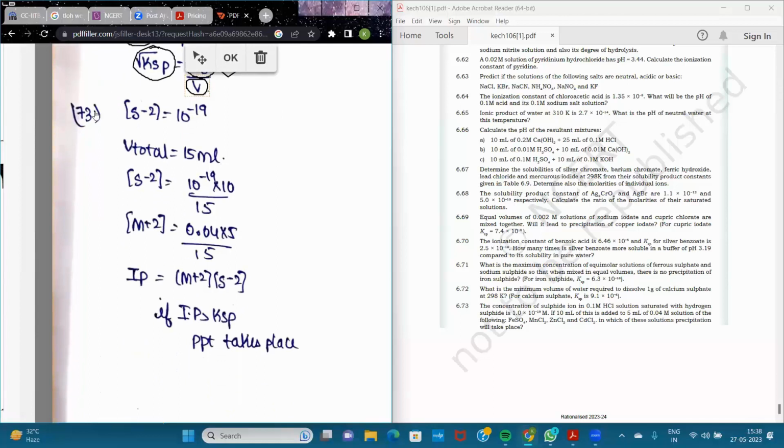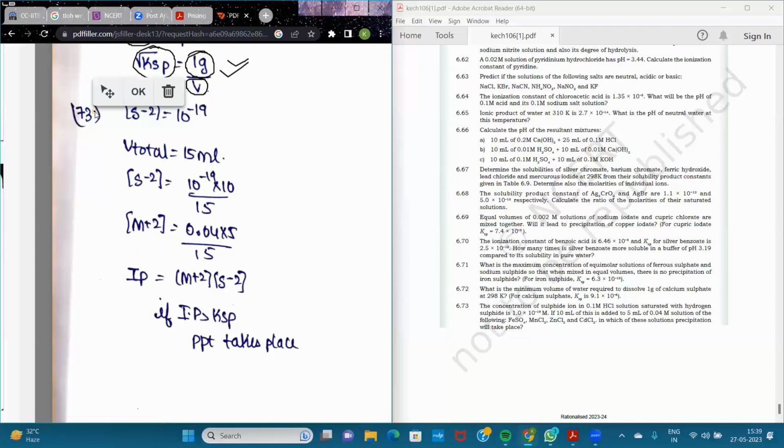Now, heading to the last question of this exercise. The question is, the concentration of sulfide ion in 0.1 molar HCl solution saturated with hydrogen sulfide is 10 power minus 19 molar. If 10 ml of this is added to 5 ml of 0.04 molar solution of the following: FeSO4, MnCl2, ZnCl2 and CdCl2.